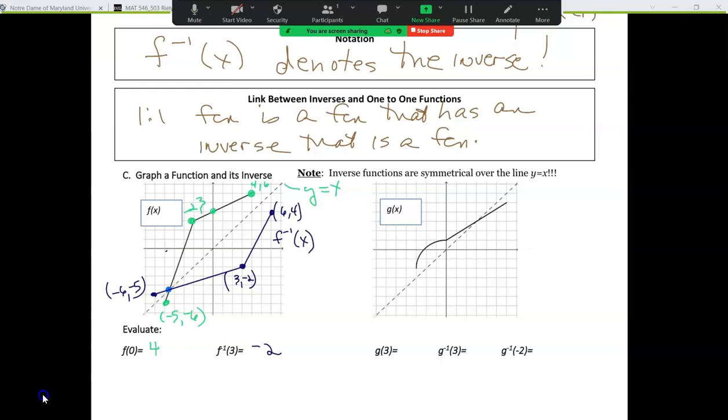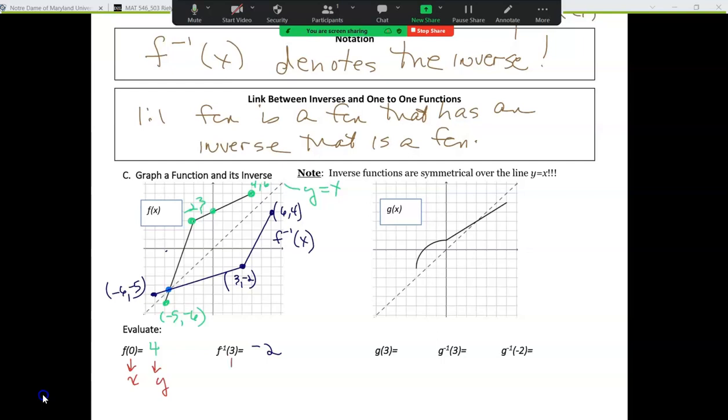Okay, let's continue to the next one. So other things I'm gonna point out before I move on. So this is your x. This is your y of the f of x, right?